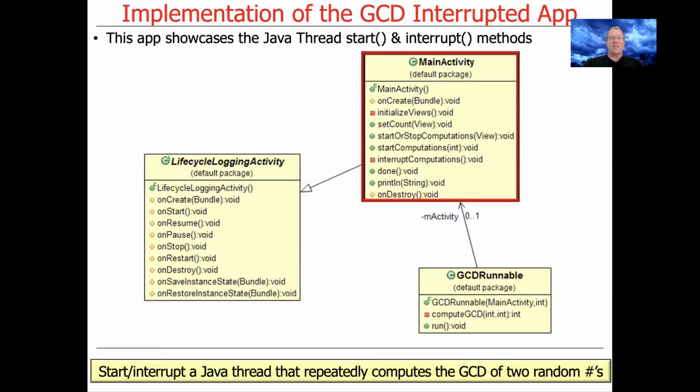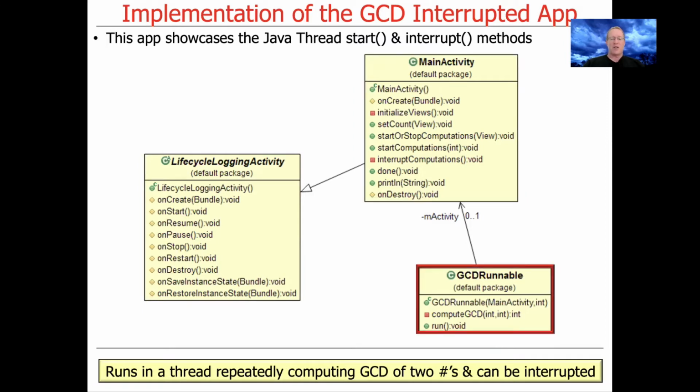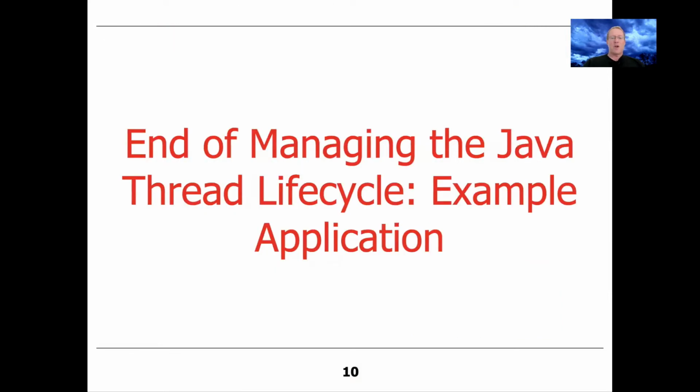There's the main activity, which is the main driver program for this whole thing. And then there's something called Gcd Runnable. This is the computation that runs in a thread and repeatedly computes the GCD of two random numbers, and of course can be interrupted.